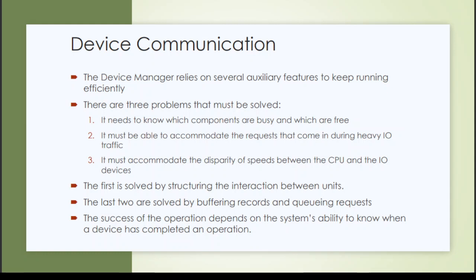It needs to know which components are busy and which are free, it must be able to accommodate the requests that come in during heavy IO traffic, and it must accommodate the disparity of speeds between CPU and IO devices. We can say a device manager is like a middleman that works between the CPU and IO devices.